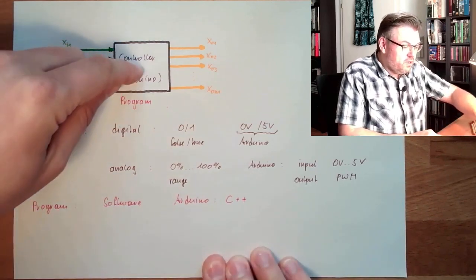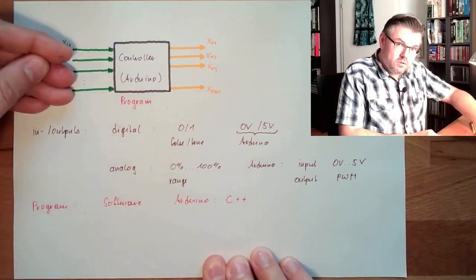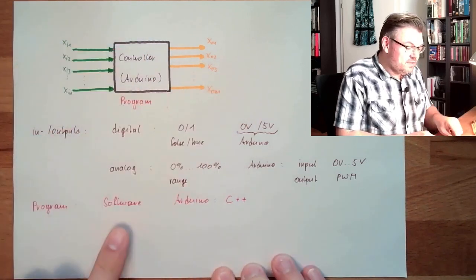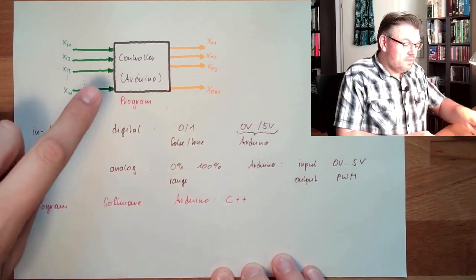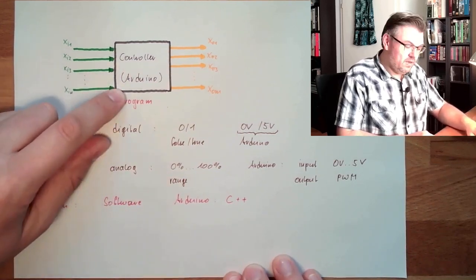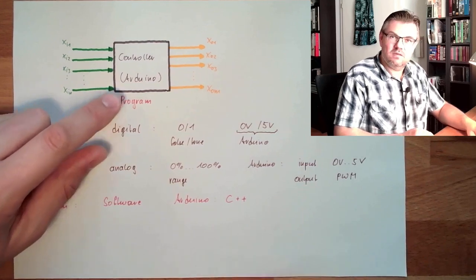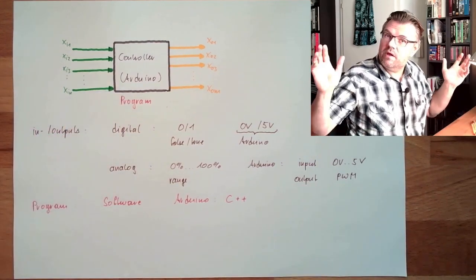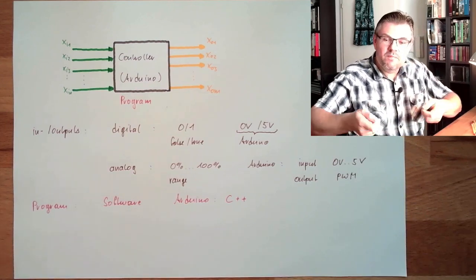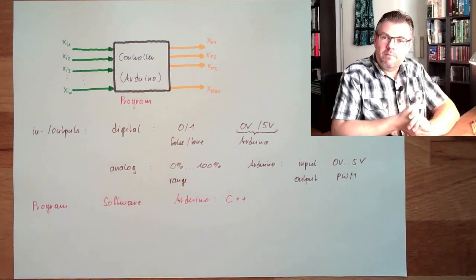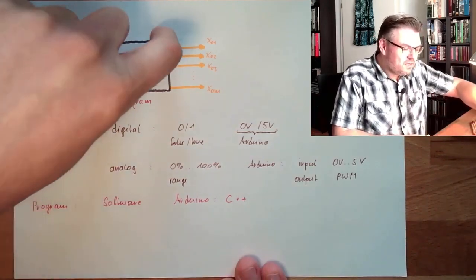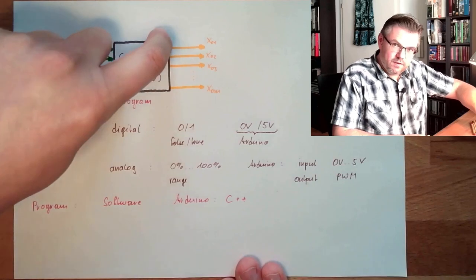So the logic, which is combining the inputs and calculating what the output shall be, is a piece of software. Such controllers could also have the logic in wiring, or if it's not an electrical controller, then maybe in piping, if it's a pneumatic controller. It doesn't really matter. Right now, for us, this is a piece of software.